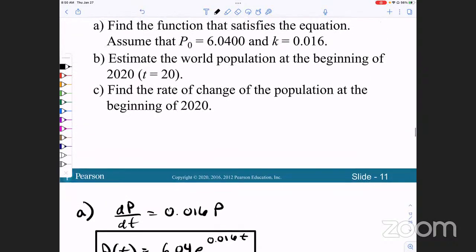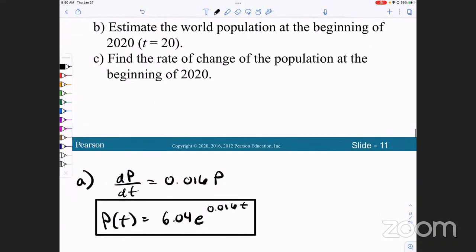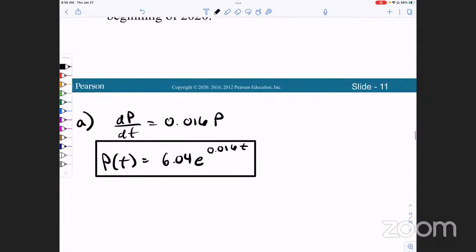Estimate the world population at the beginning of 2020. In other words, when t is 20. So we're asked to find P of 20, 6.04 e to the power of 0.016 times 20.